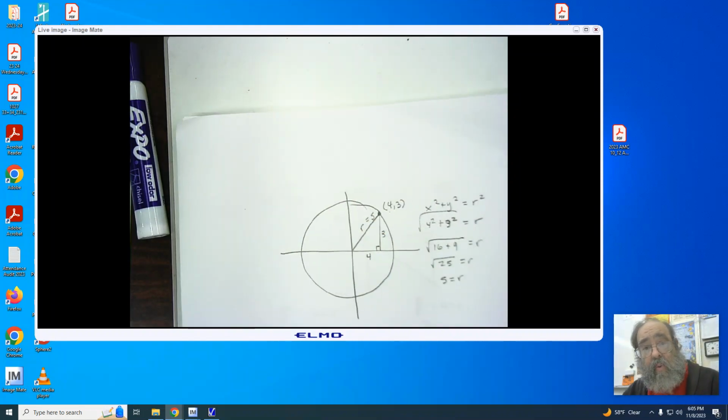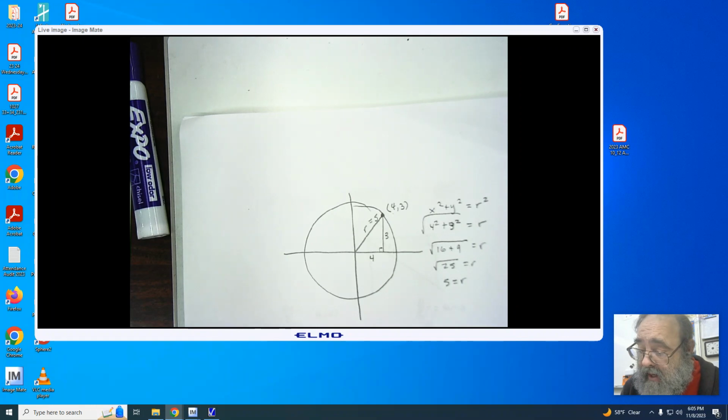Now, once I know what my r value is, I can now find my sine of that theta, and that has to be 3 divided by the radius, and therefore 3/5. The cosine of that theta has to be 4/5. The tangent of that theta has to be 3/4.